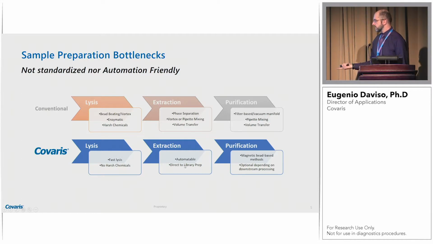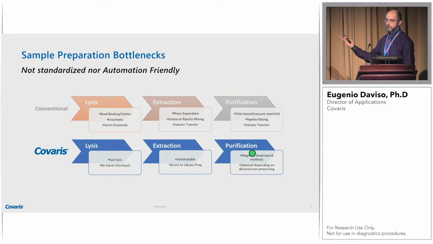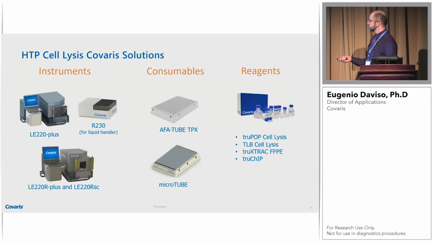For example, if you think about NGS, when we extract high molecular weight DNA using the ThroughPop buffer, it can go directly into the Nextera library prep, applying only one round of purification that is a magnetic bead-based method, or whatever depends on the downstream application. If you're looking to do qPCR, you can dilute the sample and go directly and perform your analysis. So these are the solutions that address these tricky points that I mentioned before.